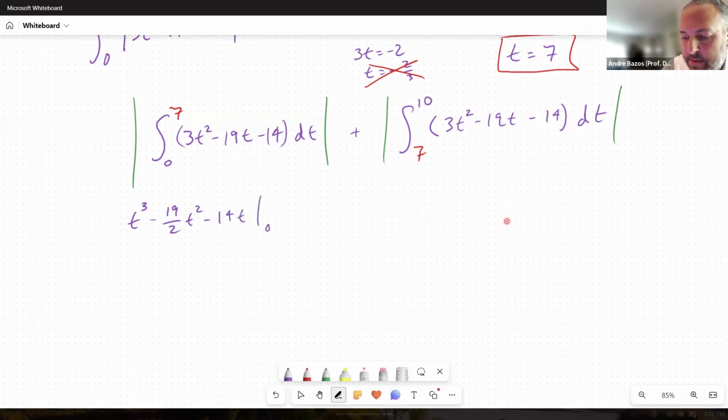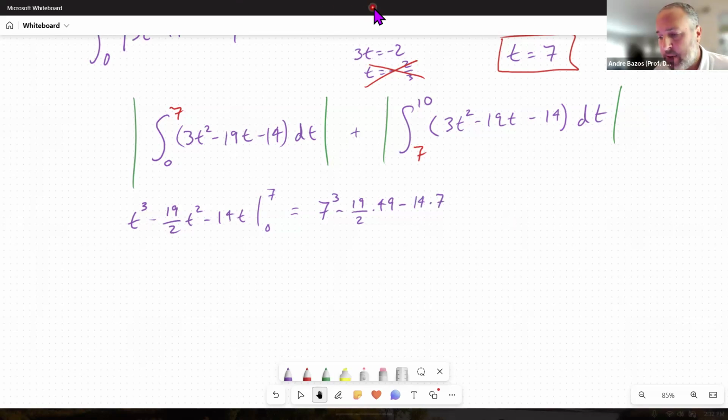We're going to evaluate this from 0 to 7 first, and we'll take the absolute value of it. So let's go for it. If I plug in 7, that's 7 cubed, I have no clue what that is, minus 19 over 2 times 49, 7 squared, minus 14 times 7. I could probably figure it out, but I'm not going to.